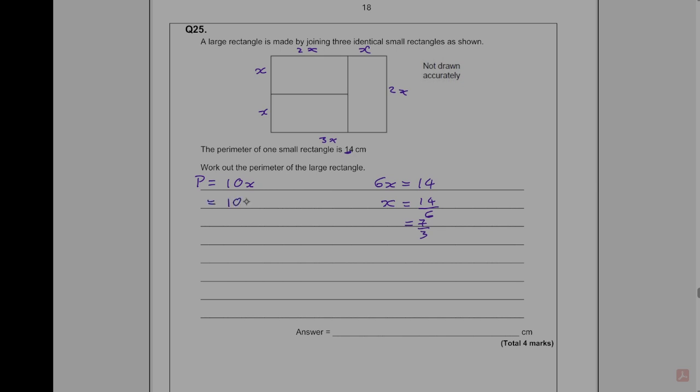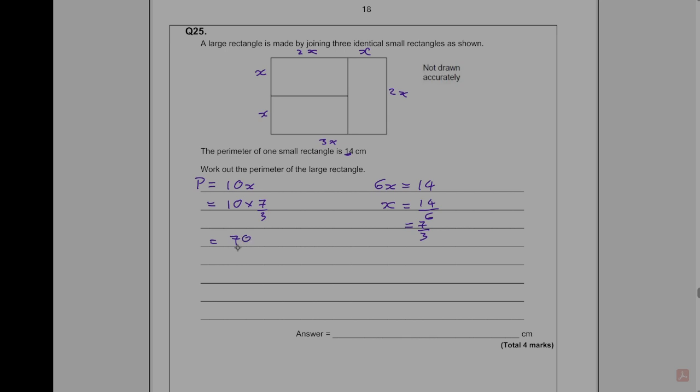So I want to do 10 lots of 7 over 3, which is going to give me 70 over 3. 3 goes fully into 70, 63, 23 times, with 1 left over, which is still divided by 3. So I'm going to go 23 and 1/3.